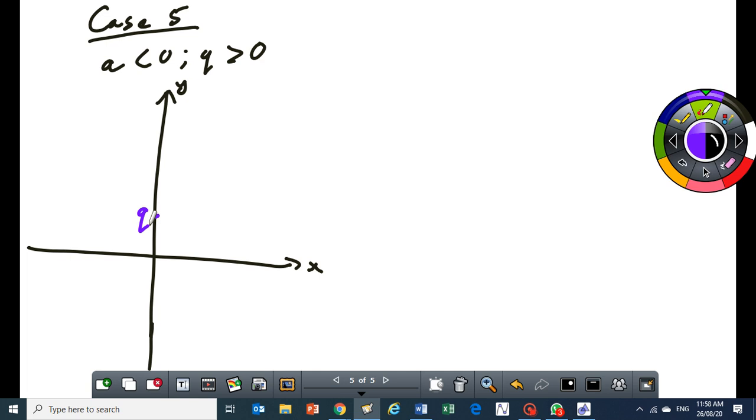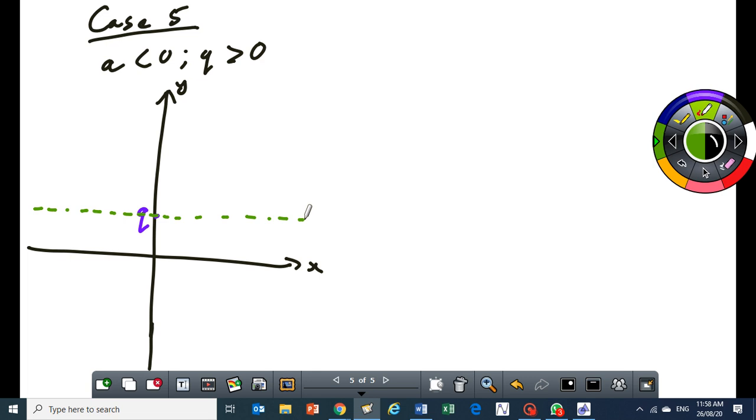And then when I draw the asymptote, please always draw your asymptote first before the curves, because the asymptote will help you to know where to draw the two curves. Right? So you have got your horizontal asymptote.